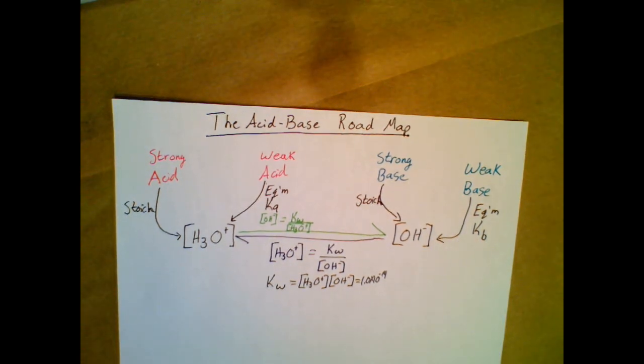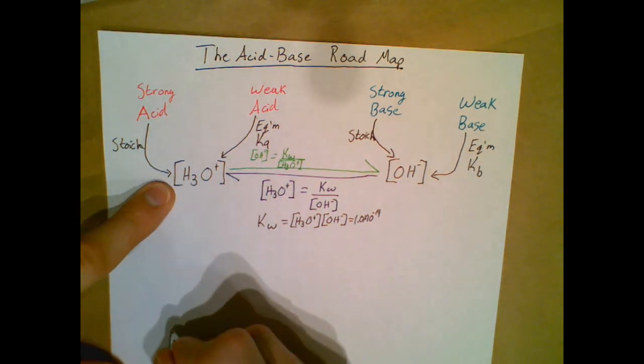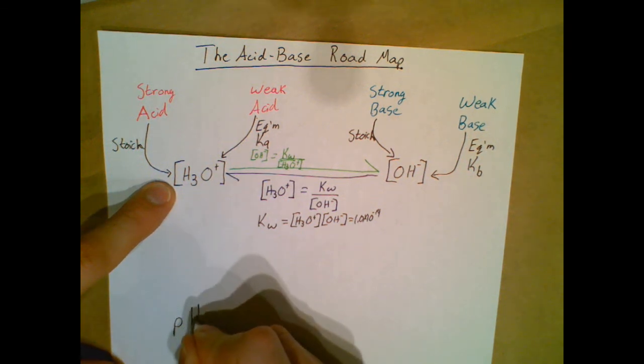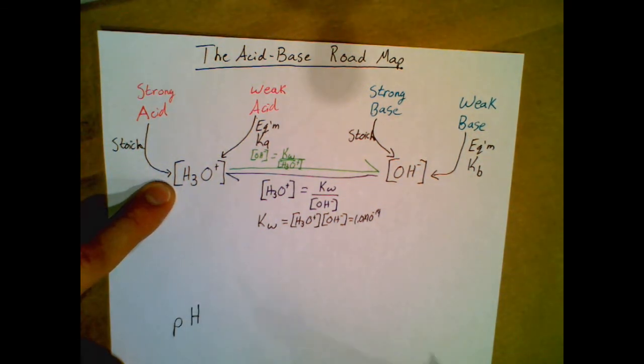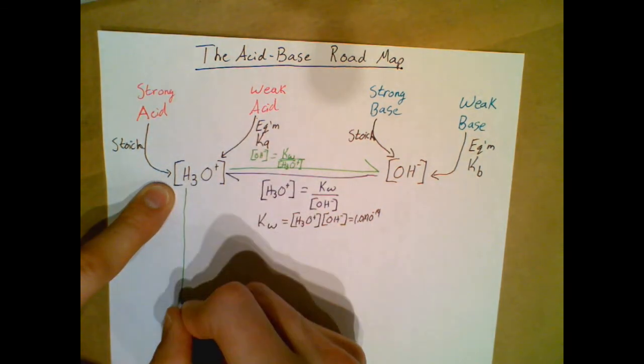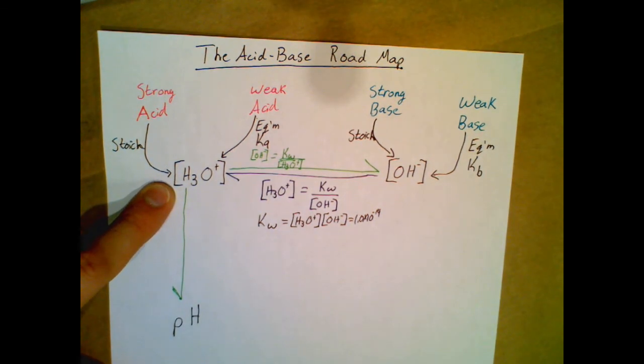Okay, but remember there's actually more things that we can solve about a solution. Maybe we want to know the pH. Well, luckily I can go from the H3O plus concentration to the pH. How do I do that?